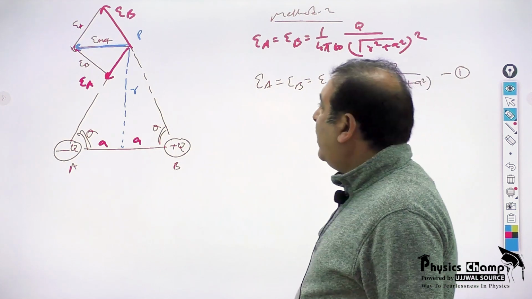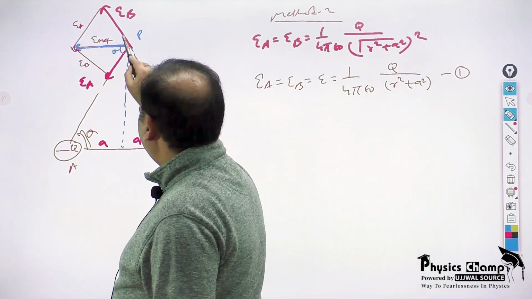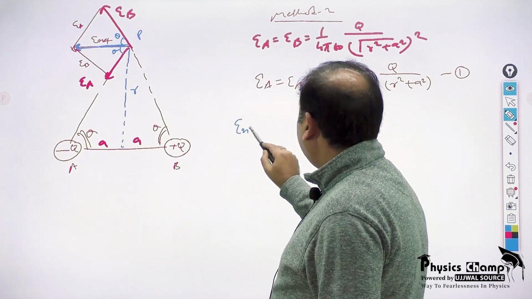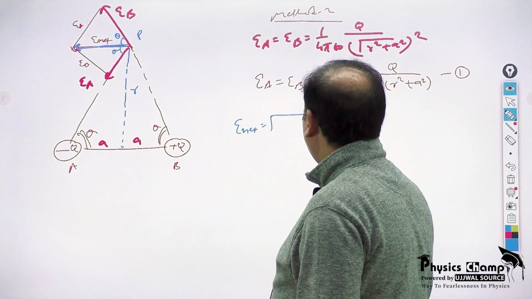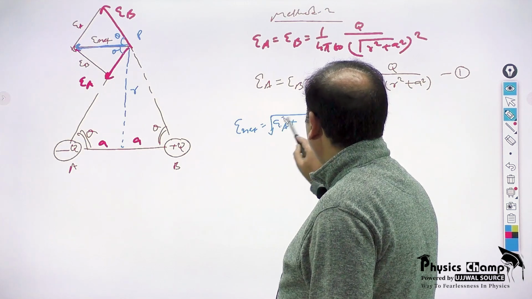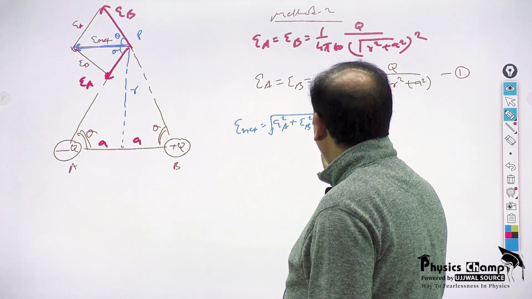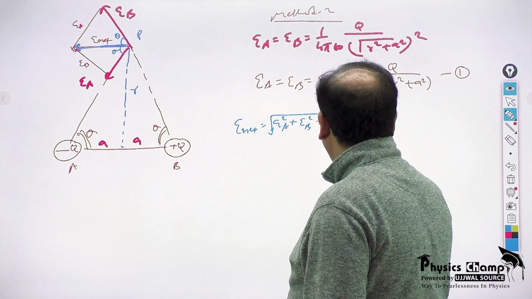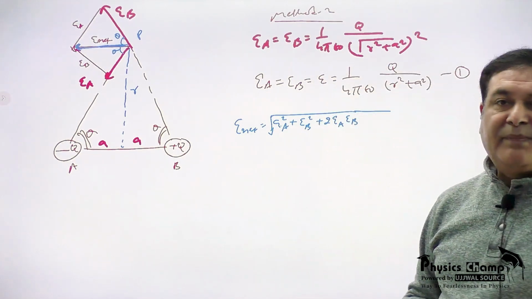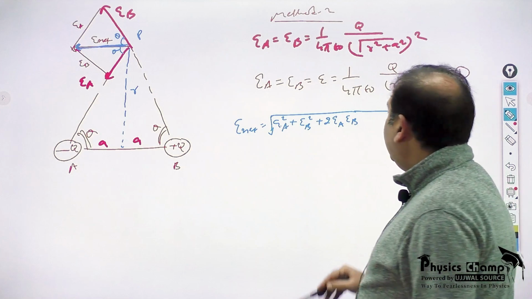This angle is theta, this angle is theta. The net electric field is root of EA square plus EB square plus 2 EA EB cos of the angle between them. So what is the angle between EA and EB?